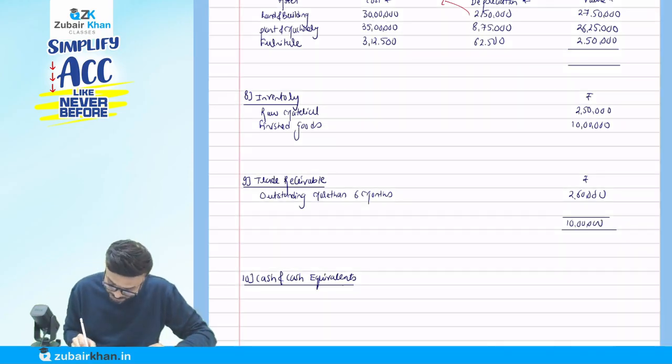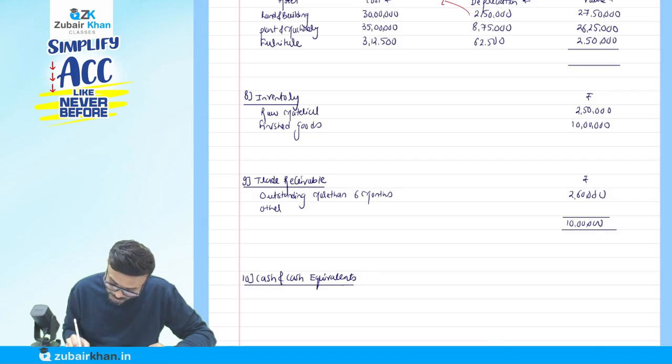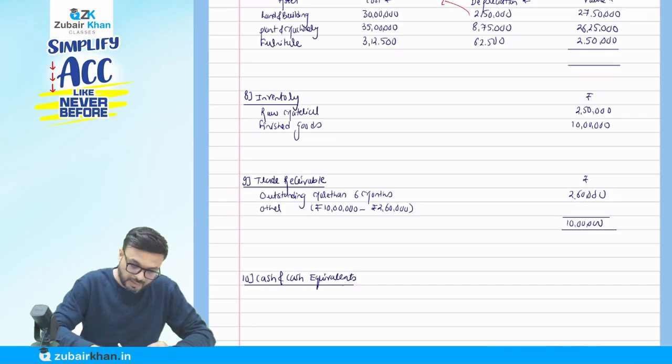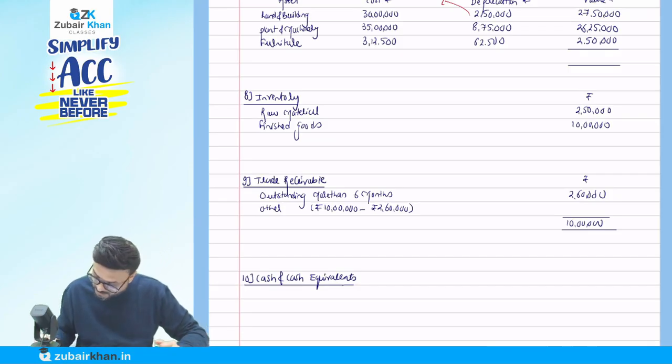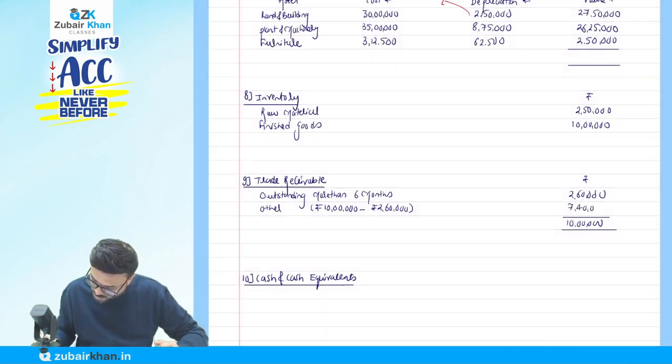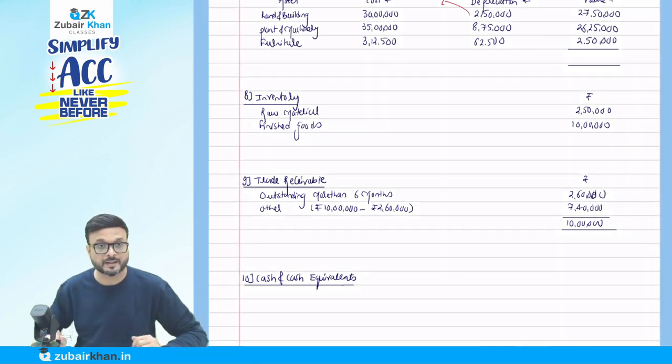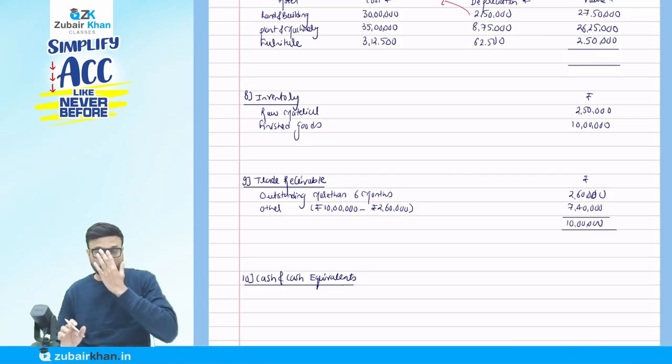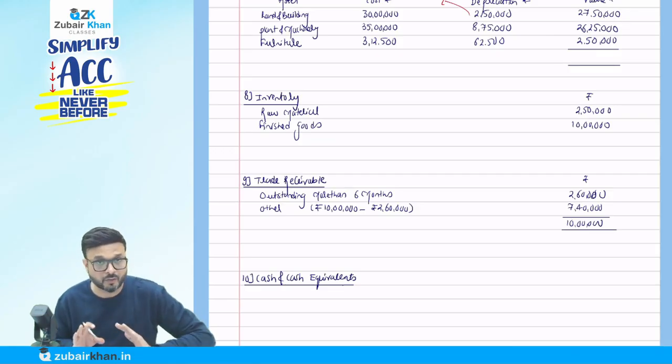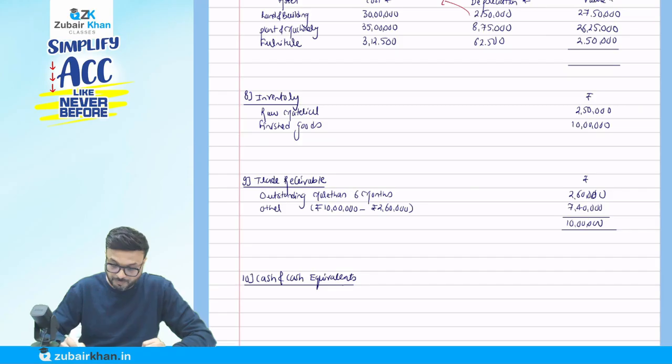How do we find the amount of other? 10 lakh minus 2,60,000, that is coming 7,40,000. Okay, done. This is how we mention.